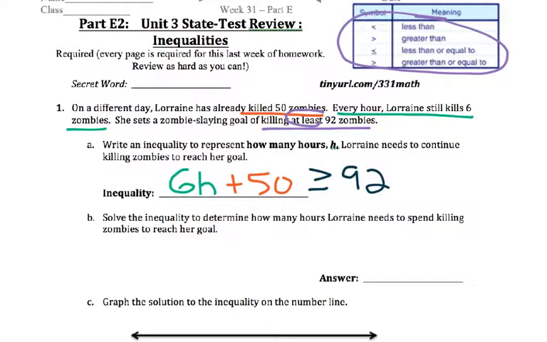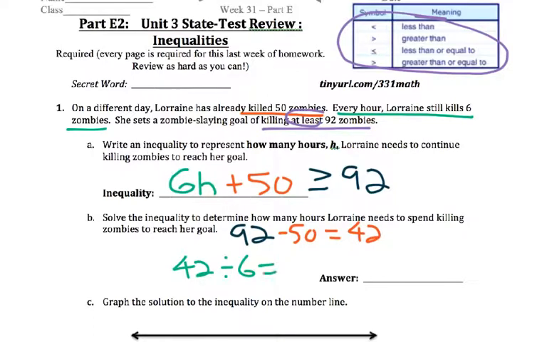To solve the inequality, it's sort of the same as an equation. You could just do 92, subtract the 50 that she's already killed, which would be 42 left over, and then take 42 and divide it by 6, and that would be 7.